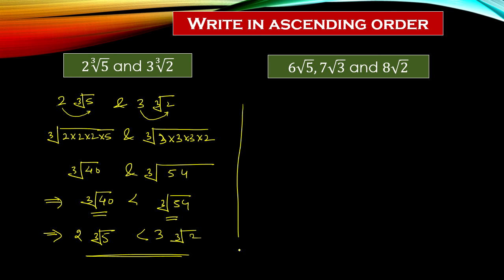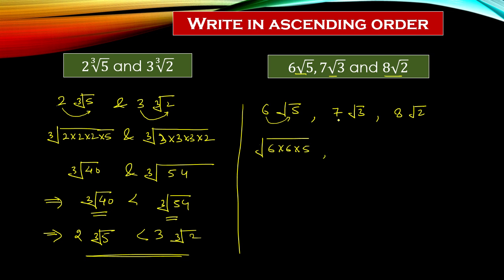Now let's see the second example. Here we have three numbers: first, second, third. The first number is 6 times the square root of 5. The second number is 7 times the square root of 3. And the third number is 8 times the square root of 2. If we want to bring this 6 inside the square root, we have to write 6 twice, so 6 into 6 into 5 is the number inside the square root.